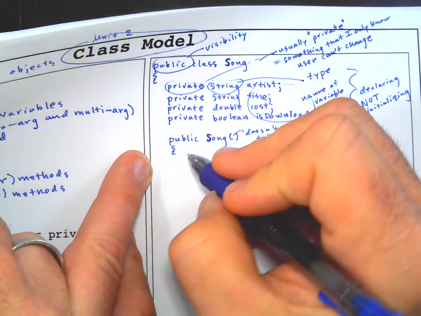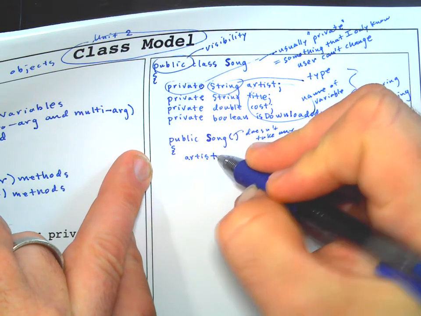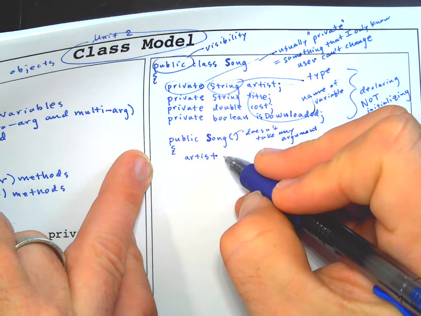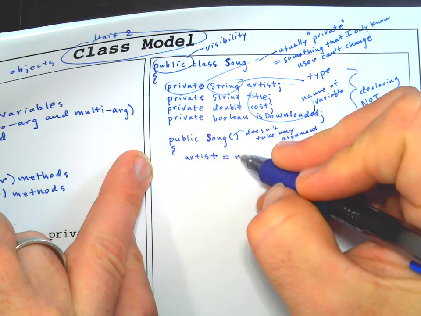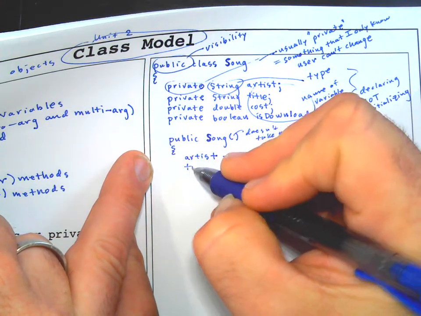So a lot of times for the generic song, we will go ahead and set these all to the most generic value that you could set. For instance, if it's an object of any kind, what strings are, we'll often set it to null. And so the title we could set to null.